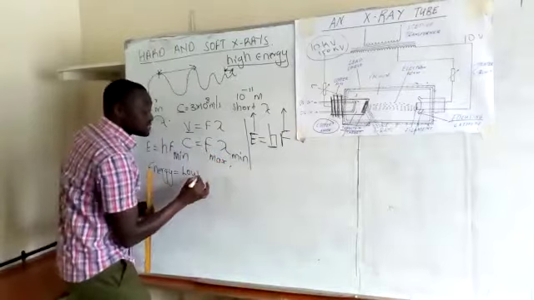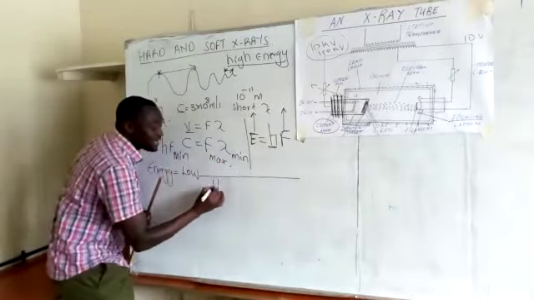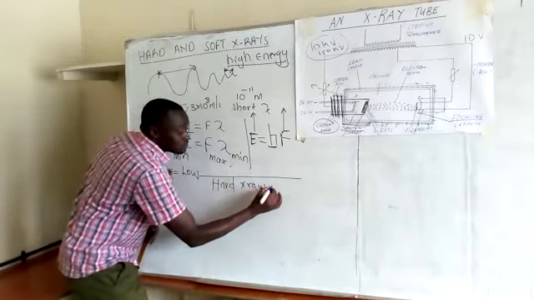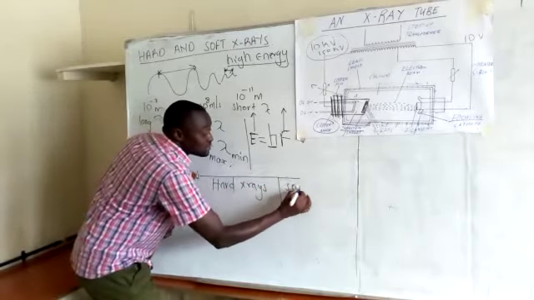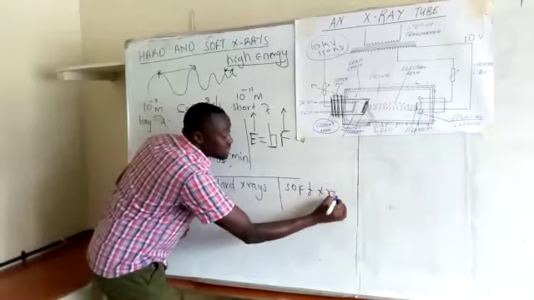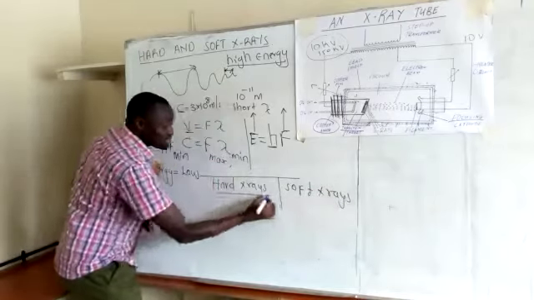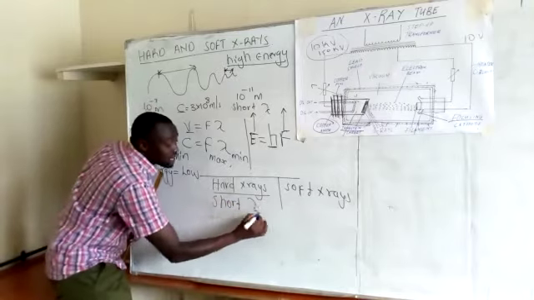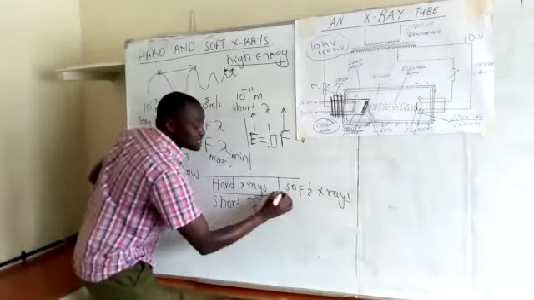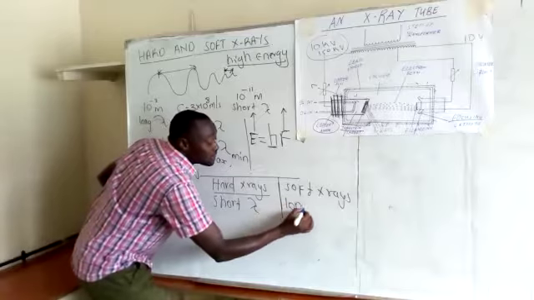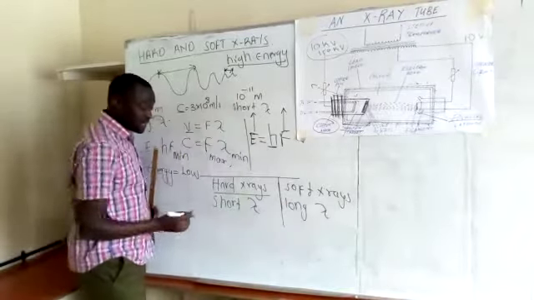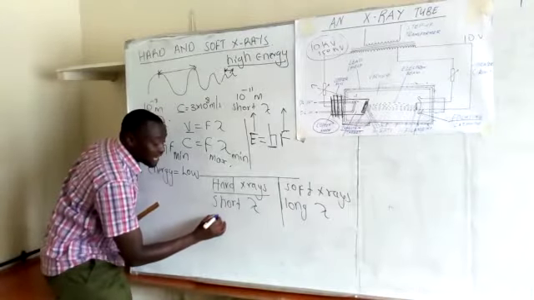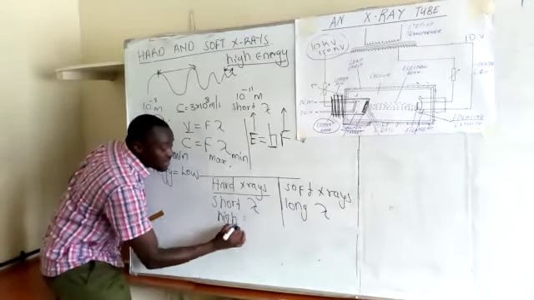Therefore, in that case, you'll note that we have the hard X-rays and we have the soft X-rays. Hard X-rays have a very short wavelength. Soft X-rays have a long wavelength. If they have a short wavelength, they have a very high frequency.